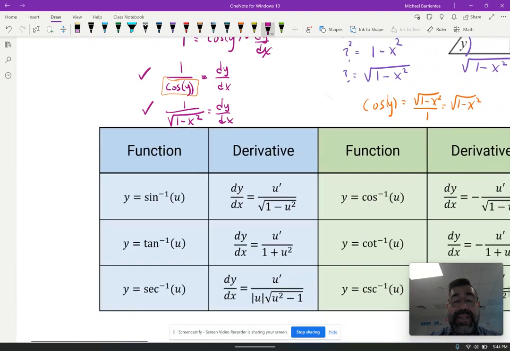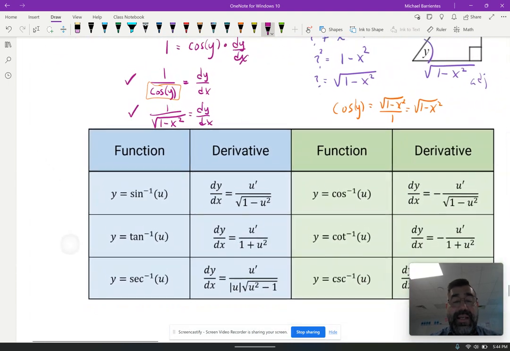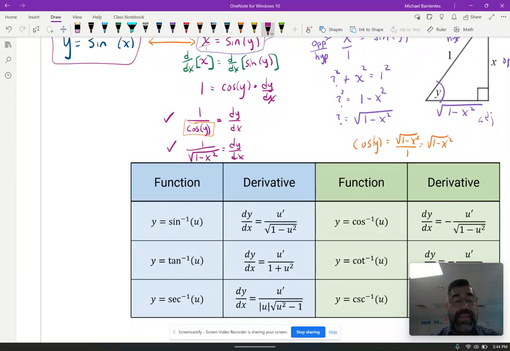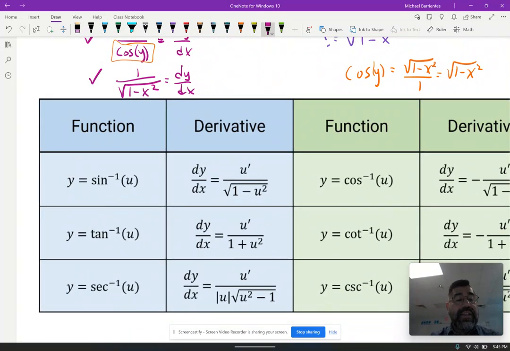And so when I look at my table, that's exactly what I see here. This says, if you're taking the derivative of sine inverse of something, then it's 1 over the square root of 1 minus the something squared times the derivative of the something, which is why there's a u prime there. So they're basically applying the chain rule to those.